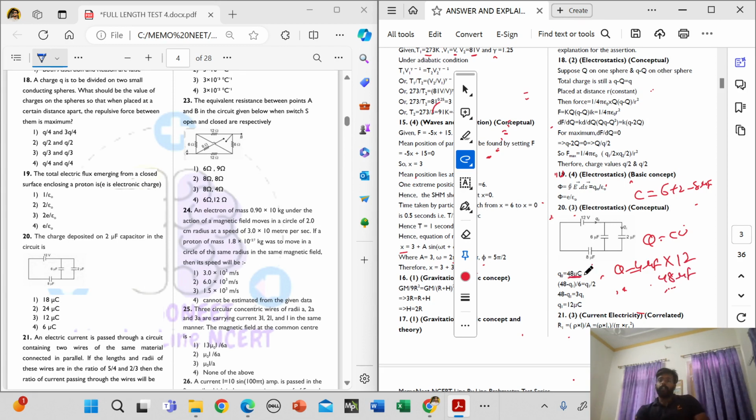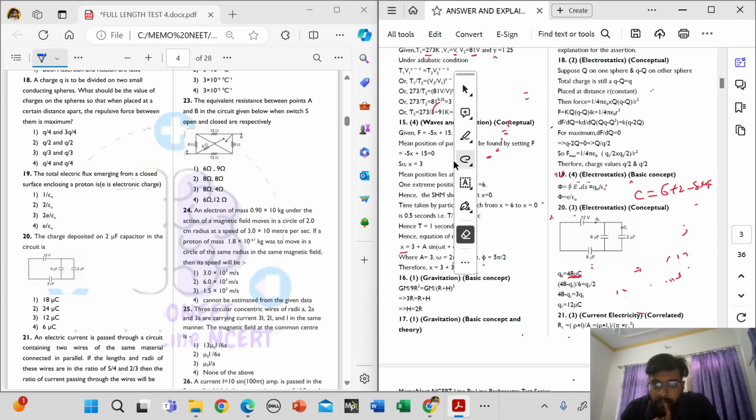Now suppose this charge, some charge will go in this capacitor, some charge will go in this capacitor. Suppose here it goes Q1, so the remaining charge will be 48 minus Q1, and these are in parallel. So in parallel, they will have the same voltage.